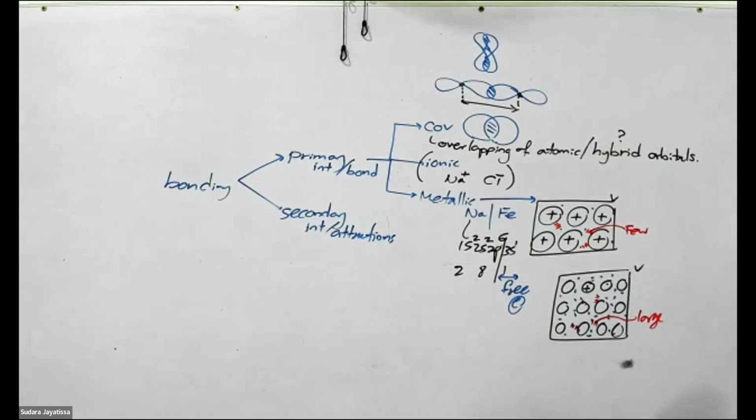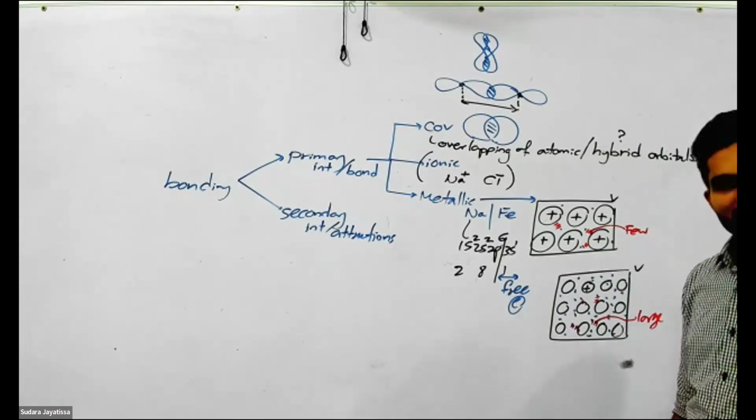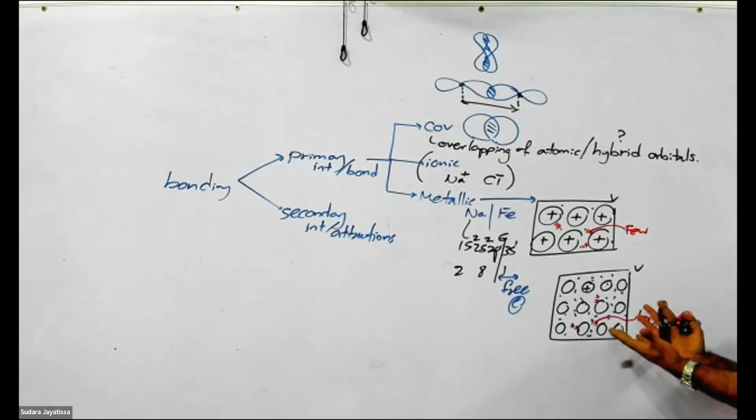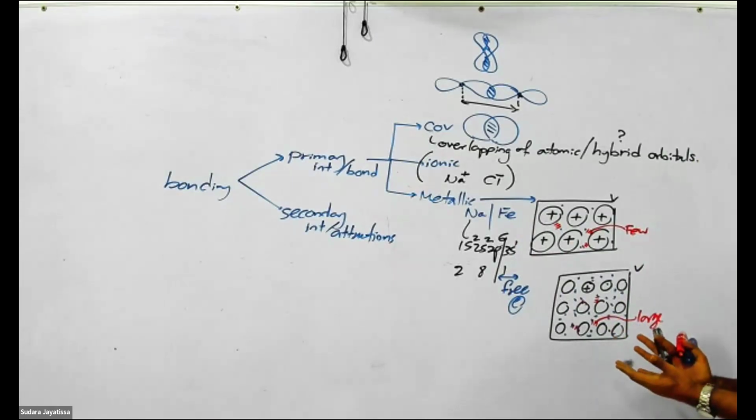Those are the things that metals basically have, so basically any property can be explained. And you can explain why sodium can be cut with a knife. The knife is iron, and iron is harder than sodium. More metallic bonds, lesser metallic bonds, like that.